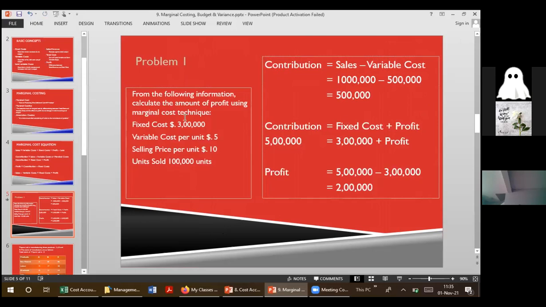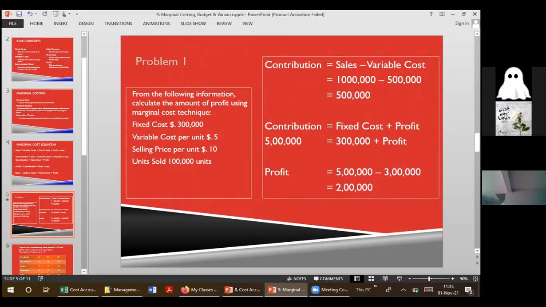Also, we have fixed cost over here, that is 300,000. And we have contribution from here, that is 500,000. So we can calculate the profit. 500,000 is fixed cost, that is 300,000, plus profit. So profit becomes 500,000 minus 300,000, or 200,000 as shown in this case.